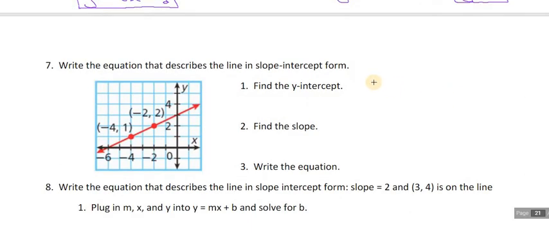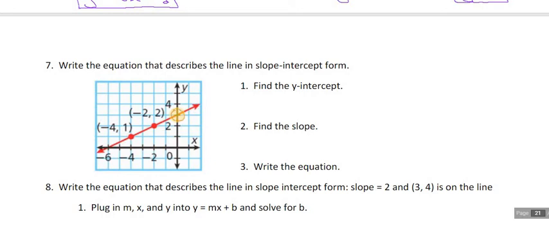Okay. Number 7, we're asked to write the equation that describes the line in slope-intercept form. So because we want an equation in slope-intercept form, we need the slope and we need the y-intercept. So if we locate the y-intercept, we need to go to the y-axis and determine at what value it crosses through.